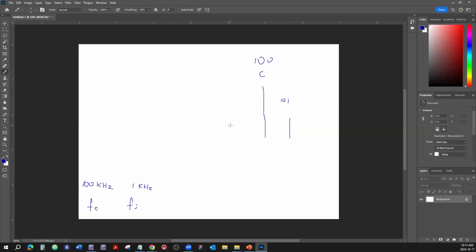This is the carrier plus intelligence frequencies. And we also are going to end up with the carrier minus the intelligence, so that's going to be 99 kilohertz.